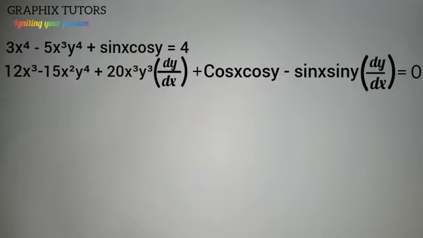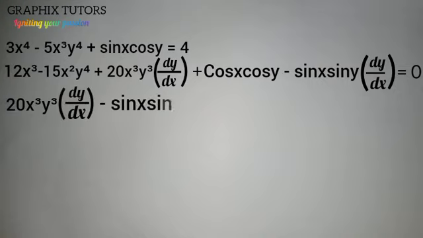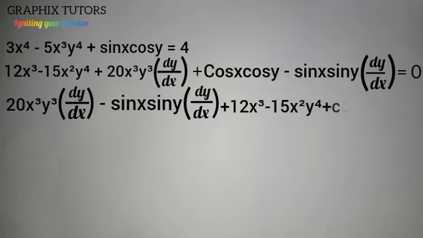Bring all the terms that have y associated with them. So we have 20x cubed y cubed dy over dx minus sin x sin y dy over dx plus 12x cubed minus 15x squared y to the power of 4 plus cos x cos y equals 0.